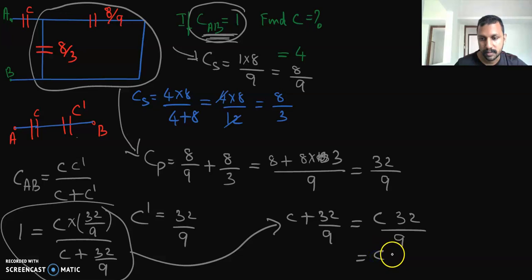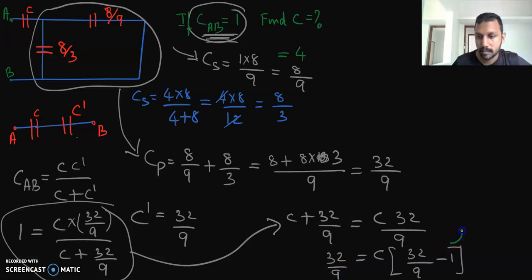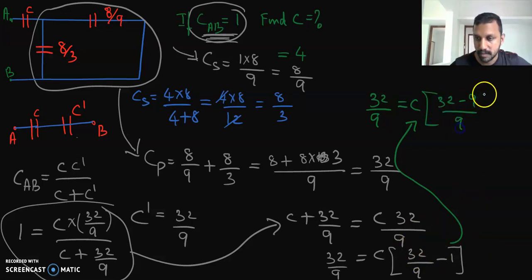Therefore, C is taken out: C into 32 by 9 minus 1 is equal to 32 by 9. From which we can write 32 by 9 is equal to C into, if you make it a single fraction, 32 minus 9 by 9, that is C into 23 by 9 is equal to 32 by 9.